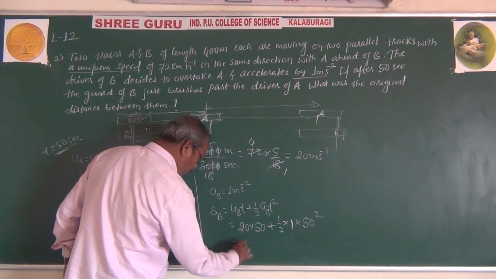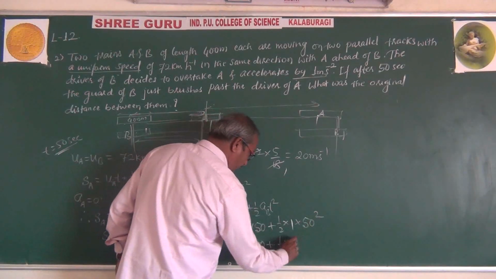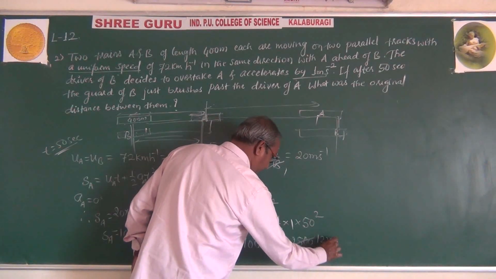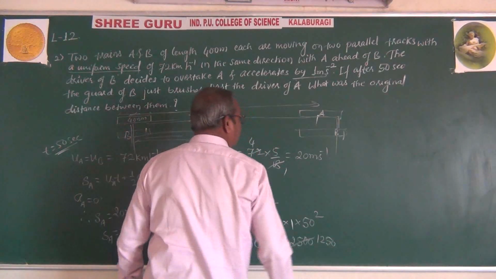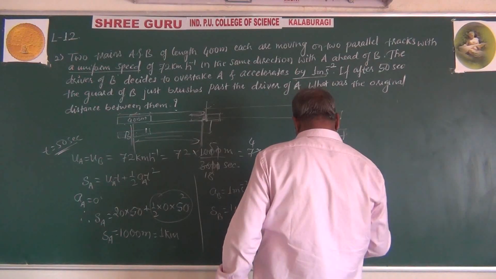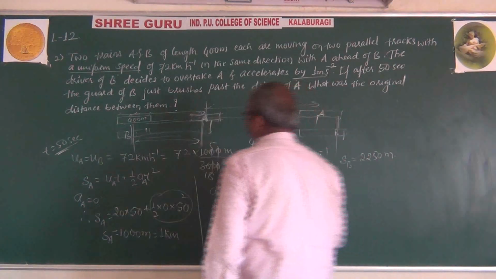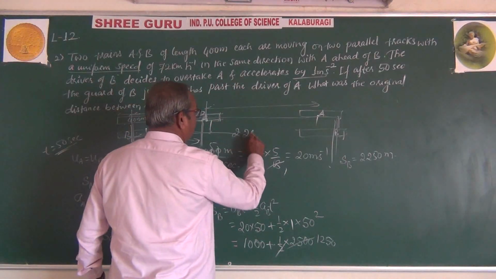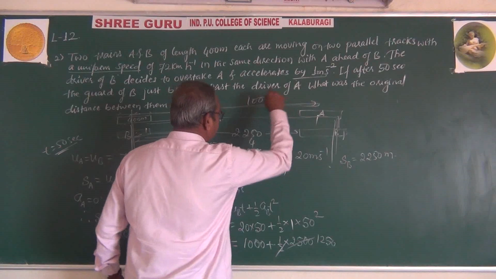This is 1000 plus 1 by 2 into 2500, which is 1250. So total distance S of B equals 1000 plus 1250, which is 2250 meters, whereas train A covered a distance of 1000 meters.